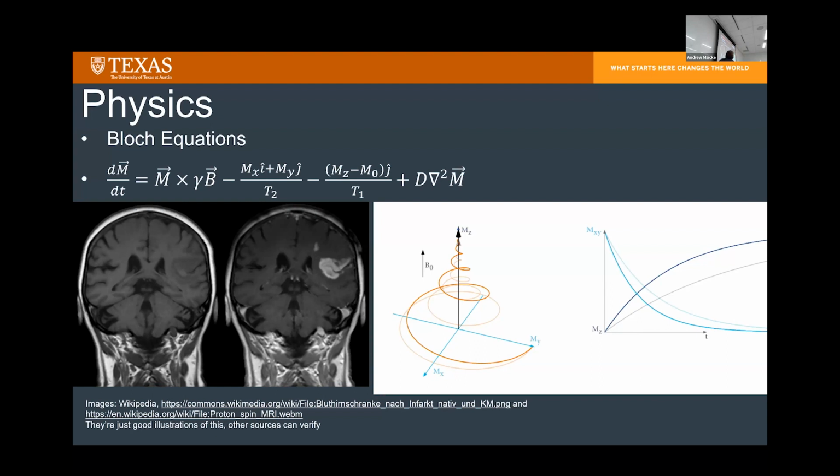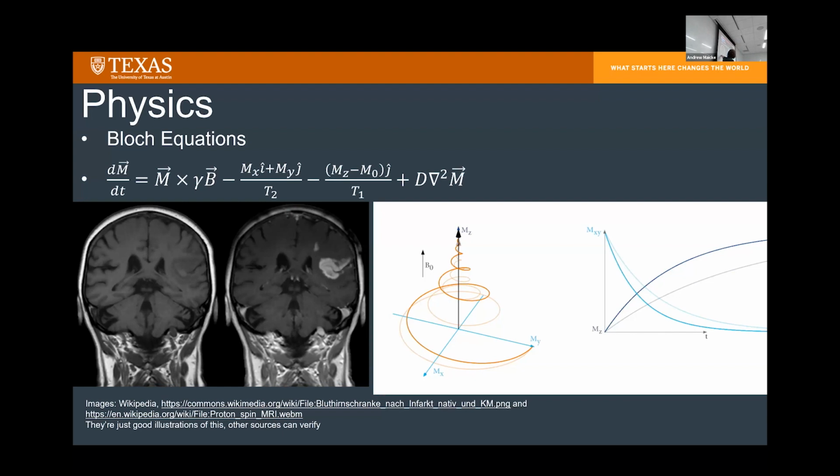And what a contrast agent does is it changes those. There are other types of MRI out there, but contrast agents are mostly used in T1 or T2 weighted images, where you make things brighter or darker based off their T1 or T2. If you inject a contrast agent, it'll change the T1 or T2 locally.